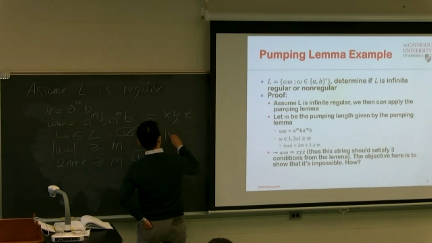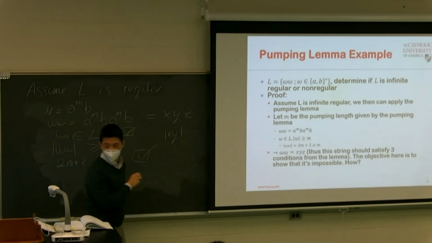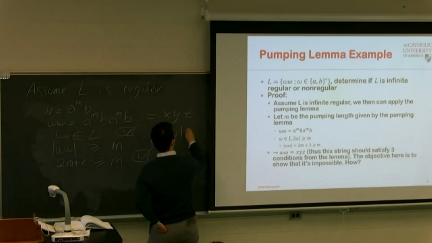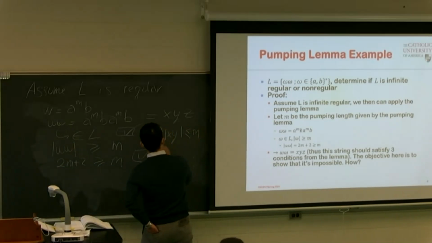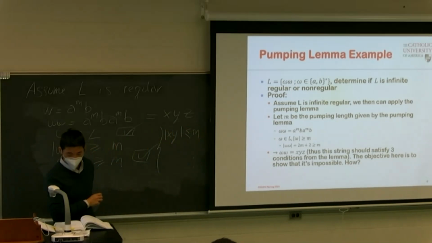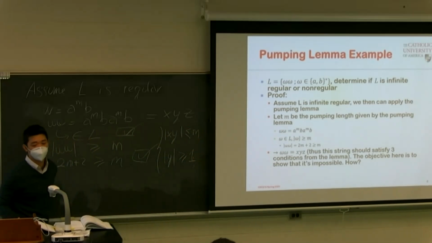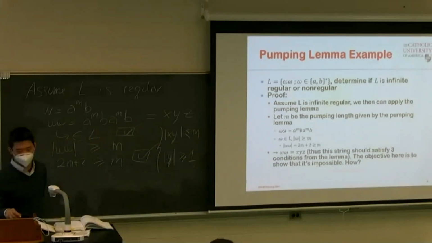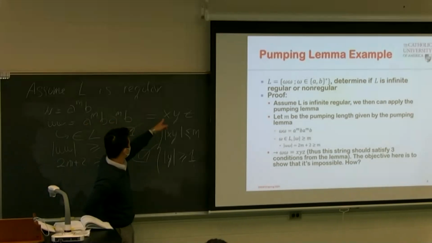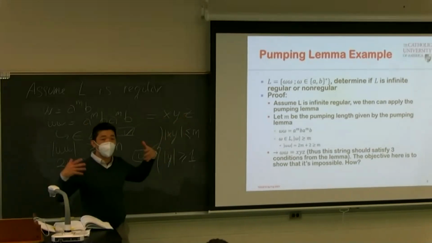The length of X and Y would be less than or equal to M. And the length of y is this. We know that because of the pumping lemma, we can break it down into x, y, z.